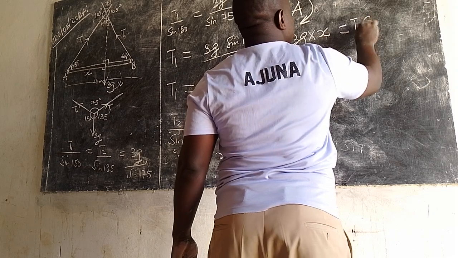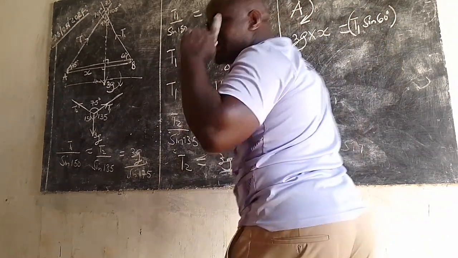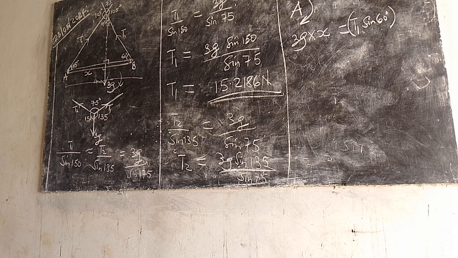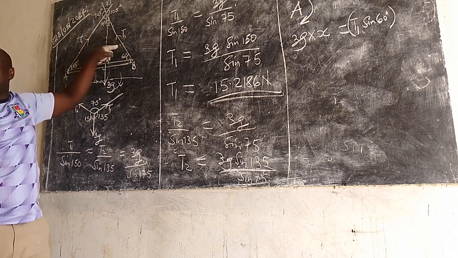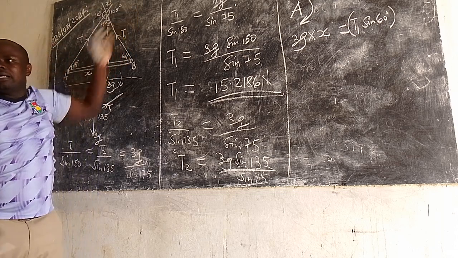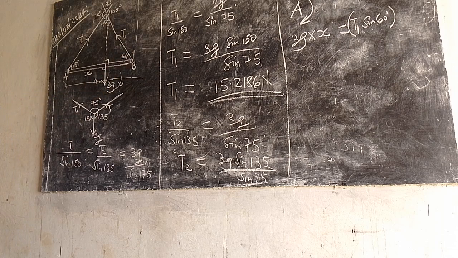Then this is going to be T1 sine 60 degrees. That is the force. A moment of the force is defined as the force times the perpendicular distance. So I want to first make this distance perpendicular to this force. That's why I have made this force to first be upright, such that it is at angles of 90.